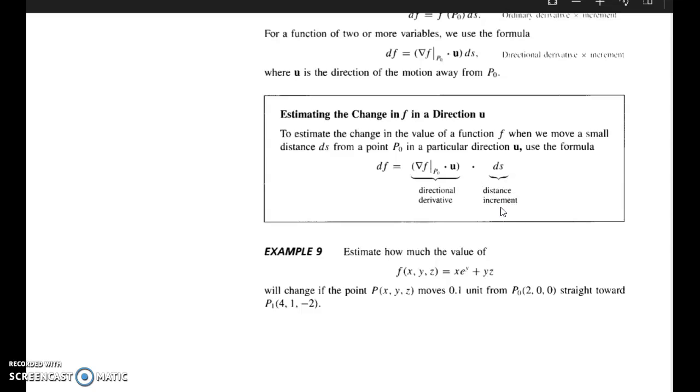This is the distance increment, this is the directional derivative. So the change in f is equal to the directional derivative into ds. So first we have to find the directional derivative, then that into ds is the change in f.